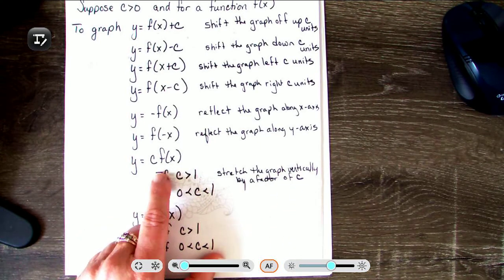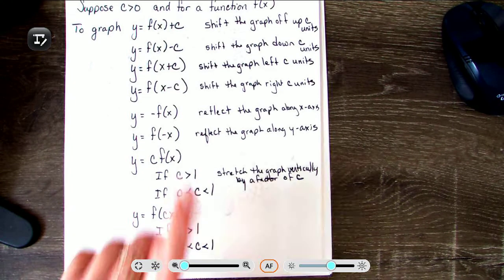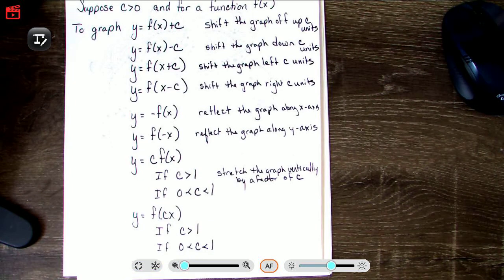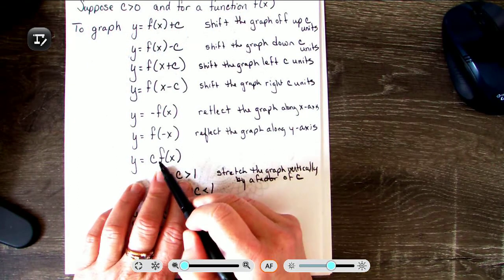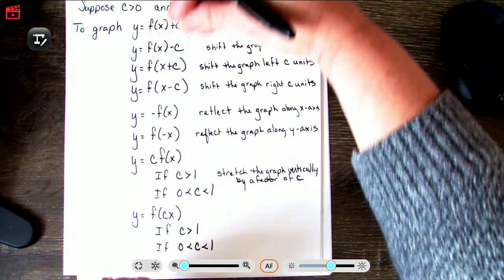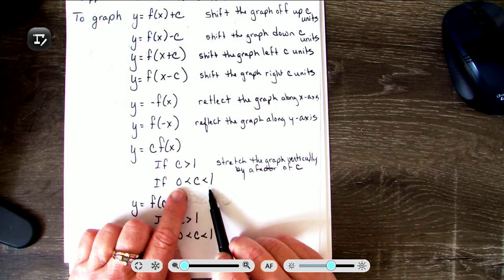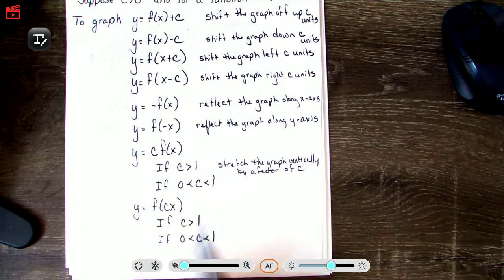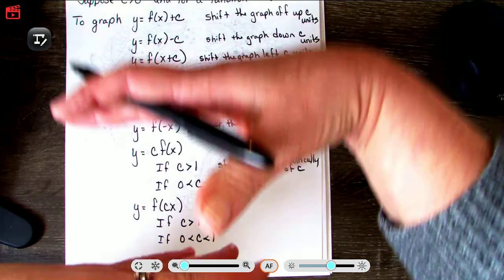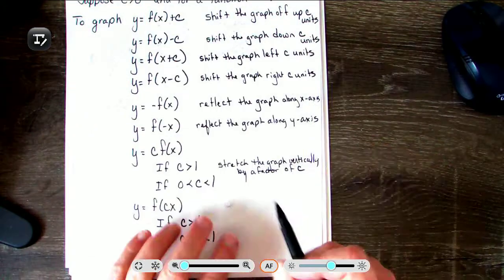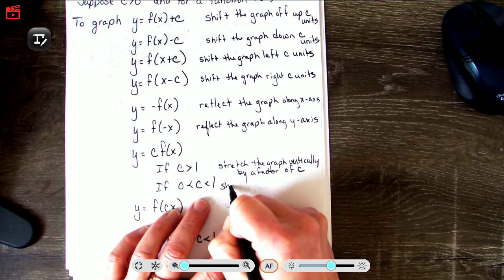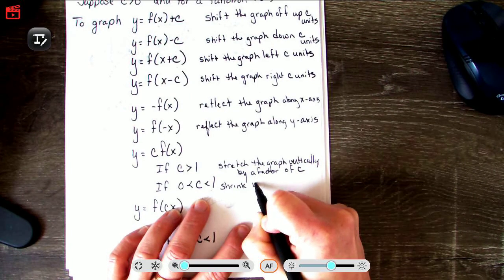I like to think of it as taking our y values and multiplying them by that c value. So if c is bigger than 1, we will see it being stretched, pulled this way. If c is between 0 and 1, say a half, well, half of something is going to push it down, so it's going to shrink vertically.